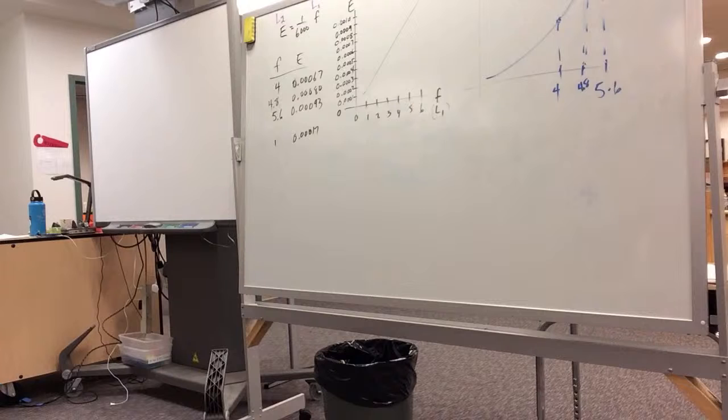Delta TBL is 0.2. Go back to your table, and then look, you've got 4.2, 4.4, 4.6, 4.8. And now you can compare the exact values that come from each function.